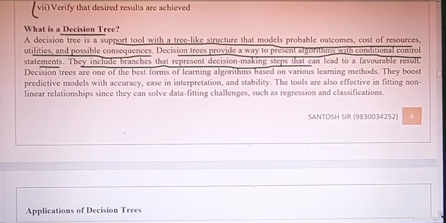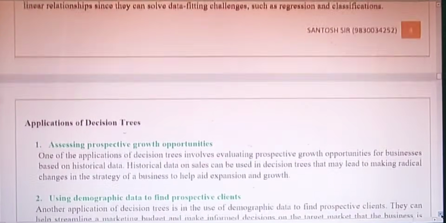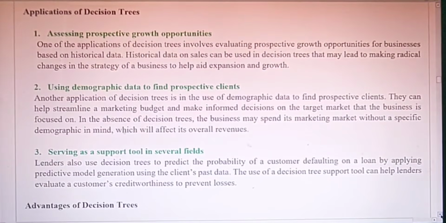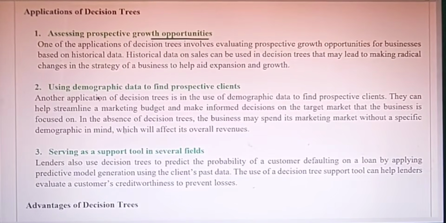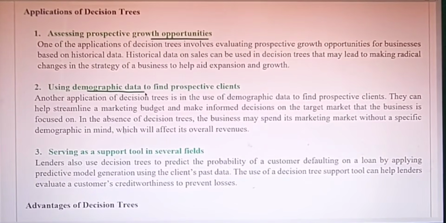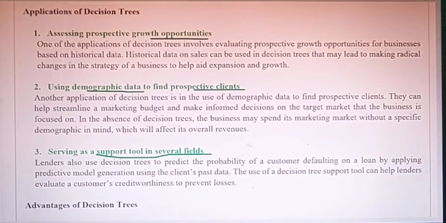You can draw a flow chart in this, and we can use this decision tree to assess our strengths and opportunities, to use demographic data to find prospective clients, customers. And it also acts as a supporting tool in different fields.